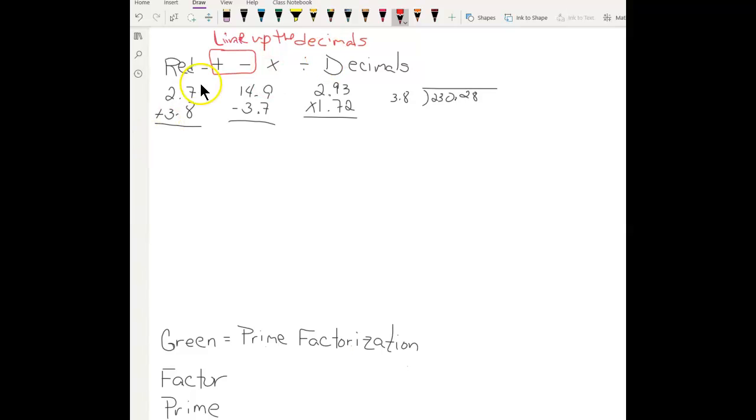Every time. Always, when you're adding and subtracting, you have to line up the decimals. Notice that I did that when I wrote my problems. I just lost somebody. That's too bad.